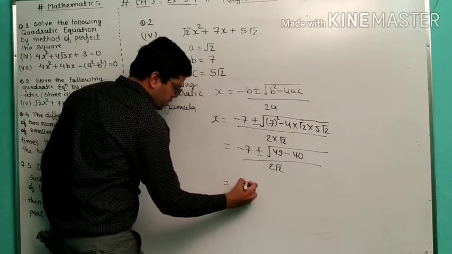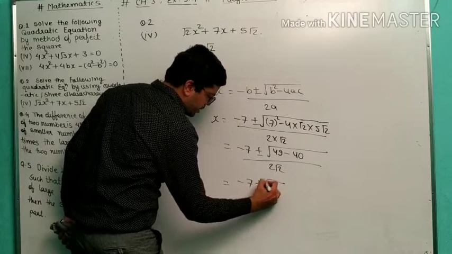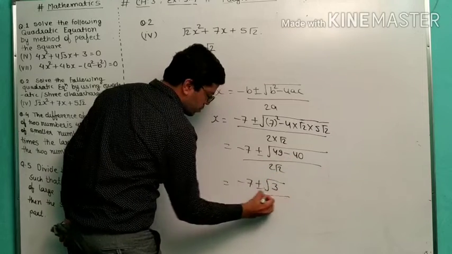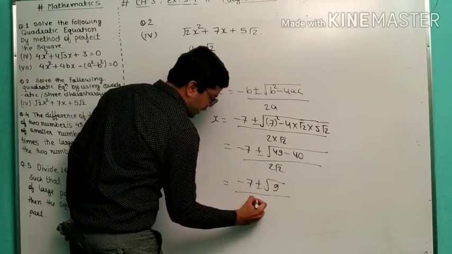Further solving, we obtain plus minus root of 49 minus 40, that is root 9, over 2 root 2.